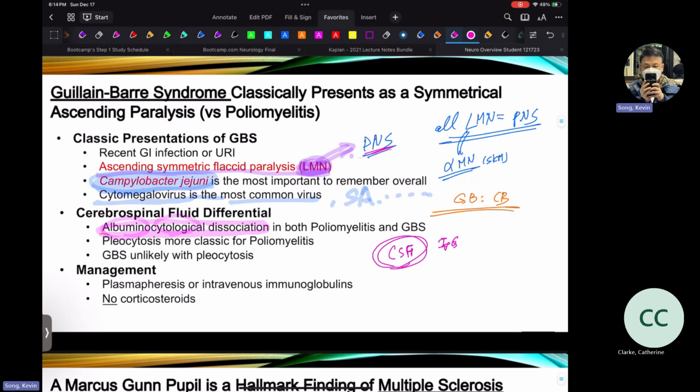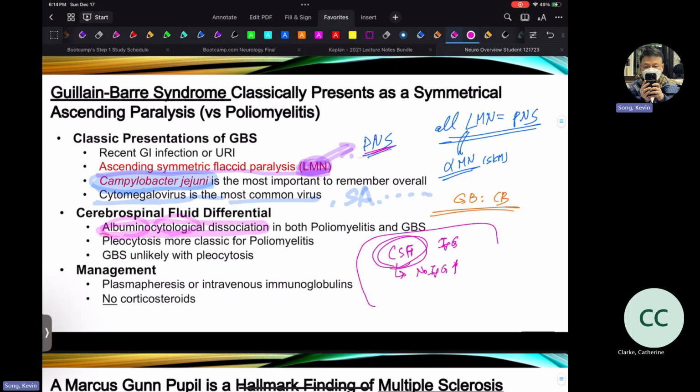So does the CSF have many immunoglobulins? No, because it's a PNS problem. The PNS is not covered by the CSF. Only the CNS is covered by the CSF, right? So the CSF has no IgG increase.